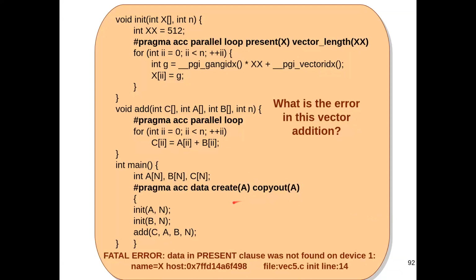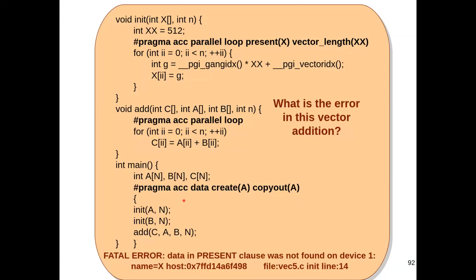But because of that, when we are trying to get into this particular present of X, right? So this present of X is present inside the init function. So as far as A is concerned, this init works fine. But when it comes to B, since we have not really created or copied in B, and we still say that present of B is true, when it tries to access B of i, we get an error.